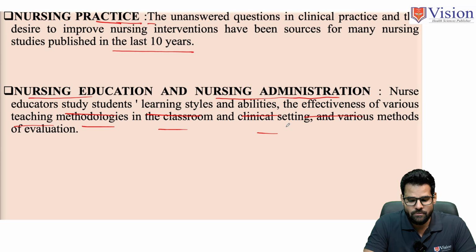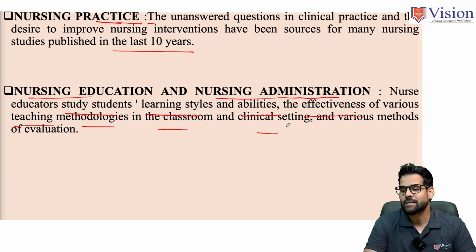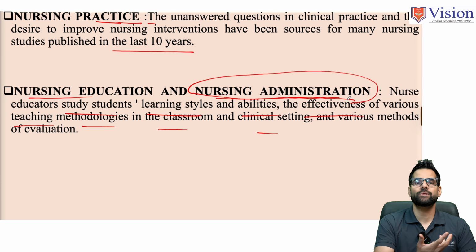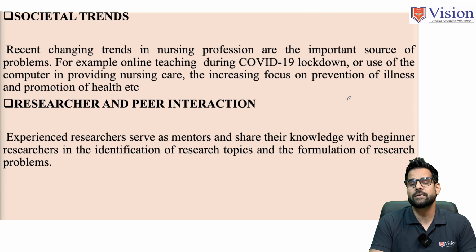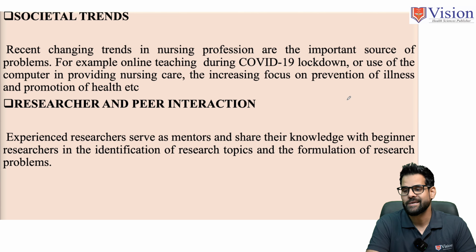Another is student perception, attitude, learning process, forgetting, and the evaluation system. Similarly, in nursing administration, how policies can be framed to improve nursing practices. So this is a great source, and many researches in recent years have been done in this area.